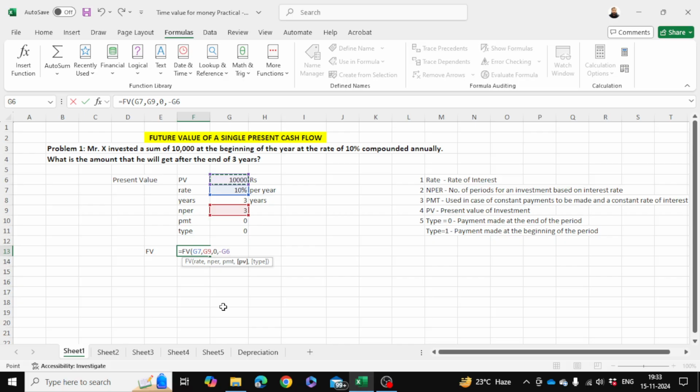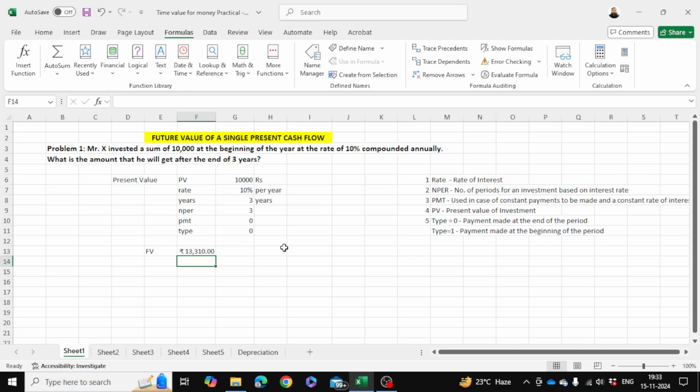So since you have invested it, right, and you seek some kind of benefit on it, the future value you will be getting, that needs to be positive always, right? So you put minus 10,000 or minus G6, and type again you will be taking 0. You can select from the cell also, or you can directly mention, close the bracket and enter it.